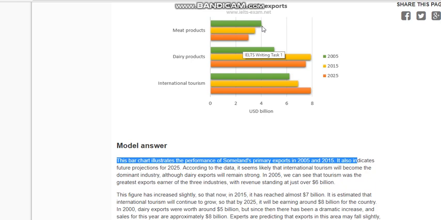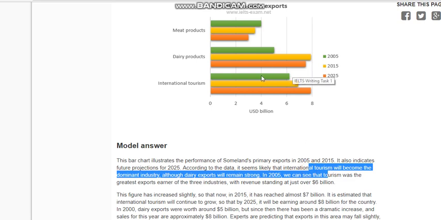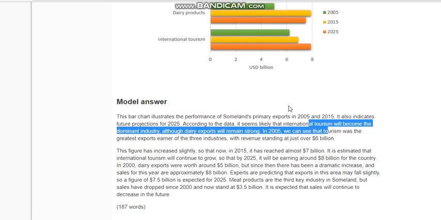Okay, at first in 2005, where is tourism? International tourism. So it is the greatest exports earner of the three industries. As you can see, it is at just over 6 billion, like it is told.